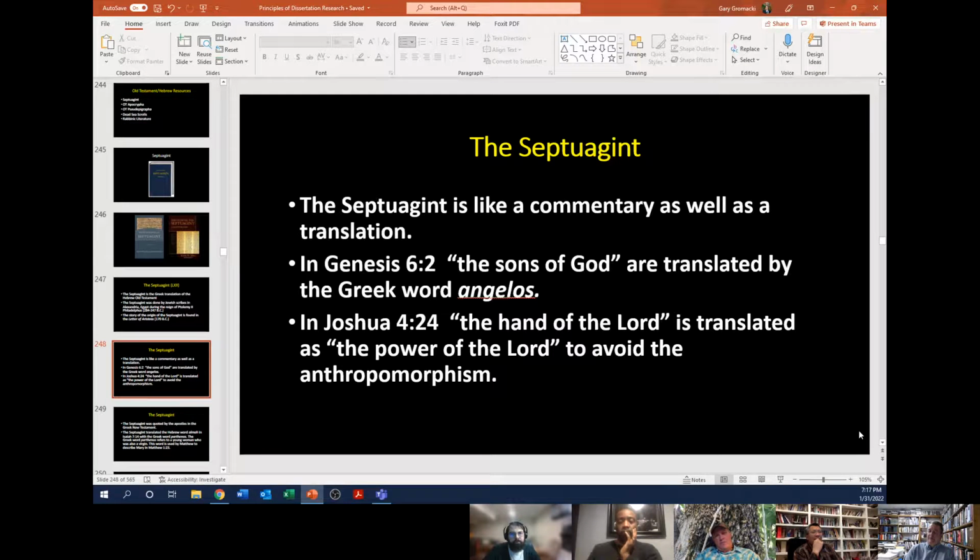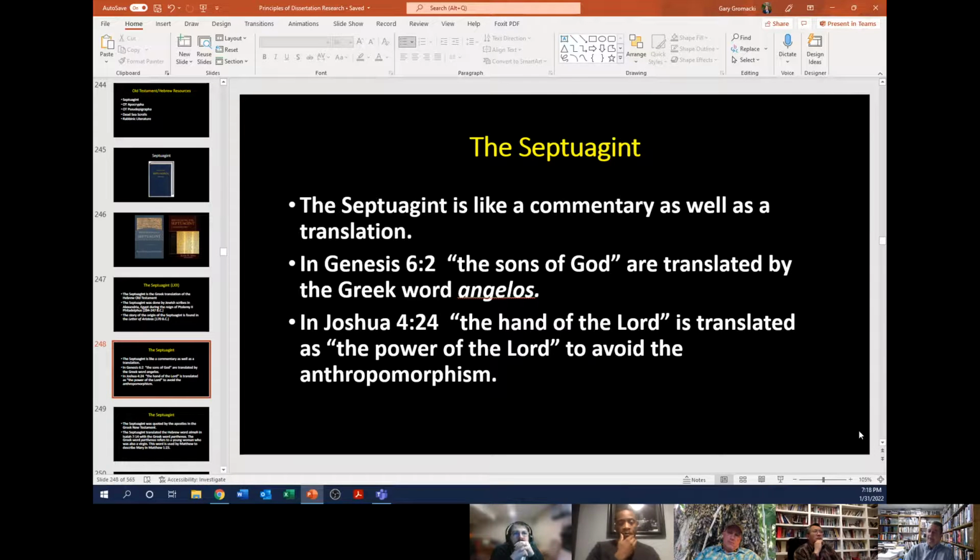Let's look at Bene Elohim, right? The sons of God there in Genesis 6:2, translated with angelos in the LXX, right? So here we have early evidence that sons of God, at least by 200 BC, was viewed as angels by Jewish scribes.